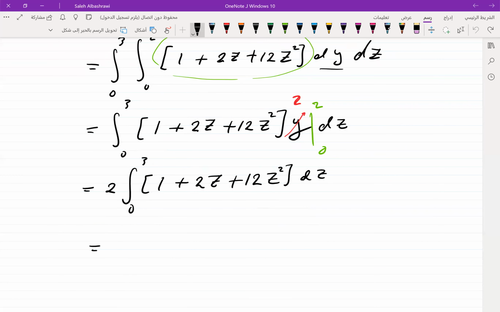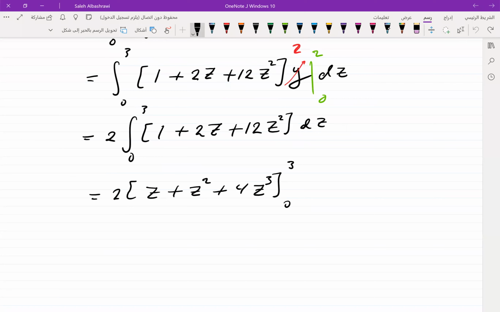Which is equal to 2 multiplied by z plus z squared plus 4z to power 3, from 0 to 3. Evaluate with respect to these limits.